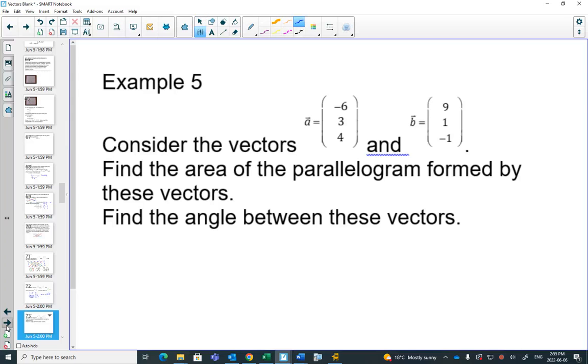Consider these vectors. Find the area of the parallelogram. So if we find the cross product A cross B, and again, calculate it any way that you'd like, I'll give you a head start.